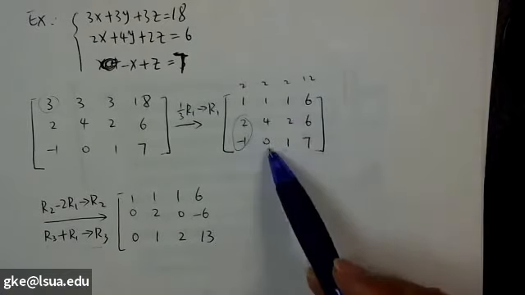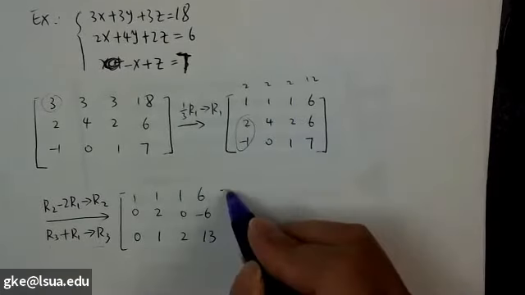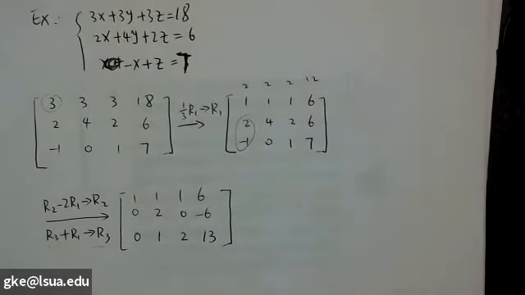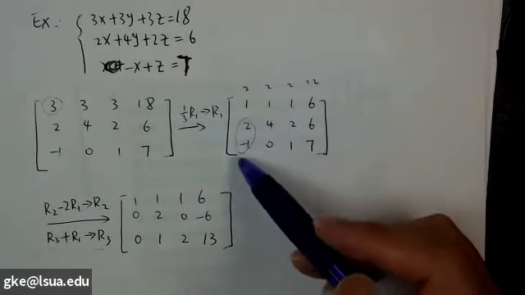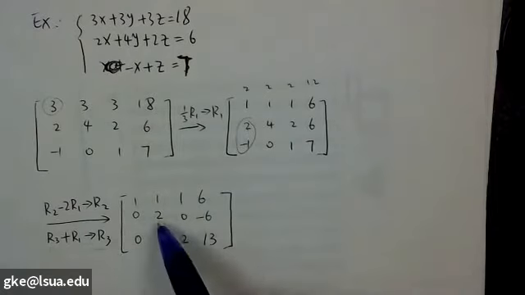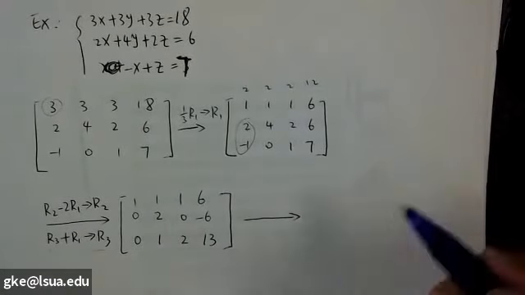Right? 0, 2, 13. Okay, so we eliminate these two elements. Now again, goes to diagonal. Diagonal here is a 2, right? So we want to keep the diagonal equals 1.